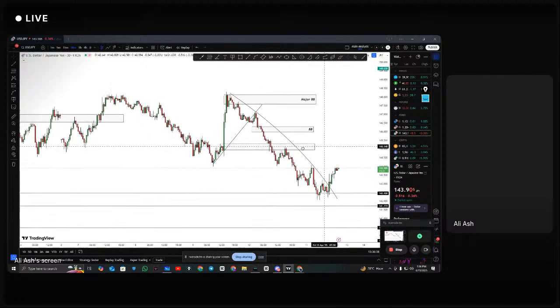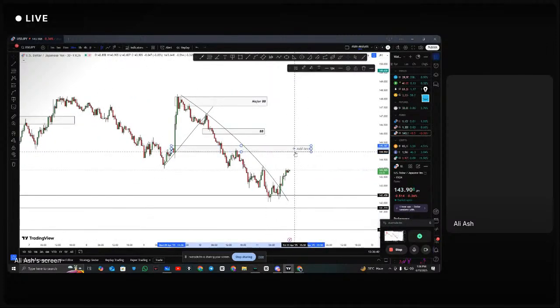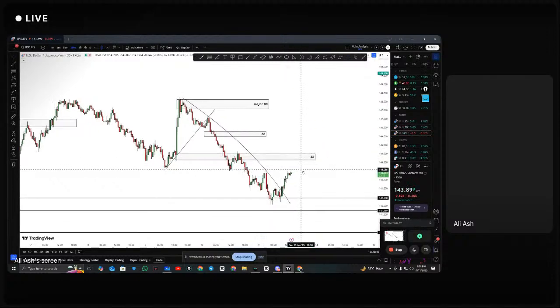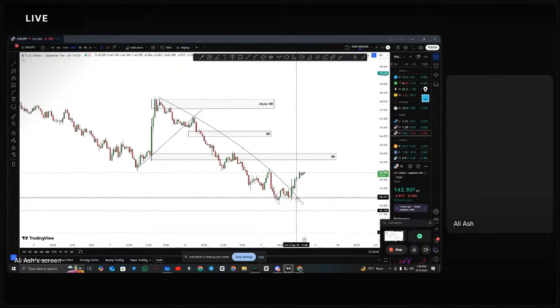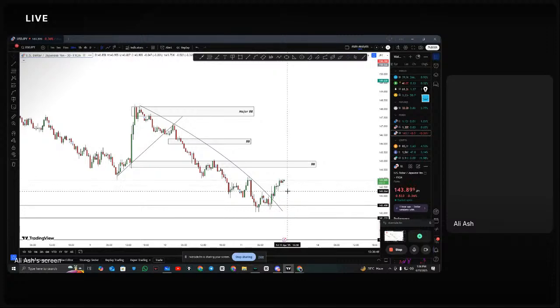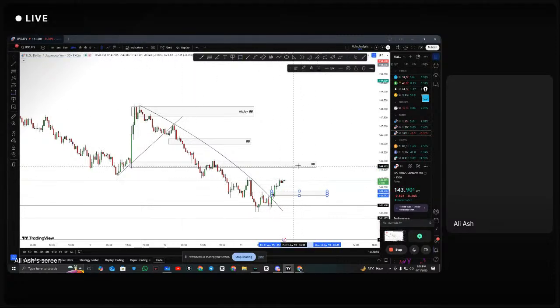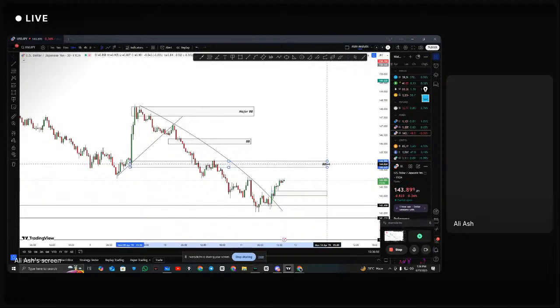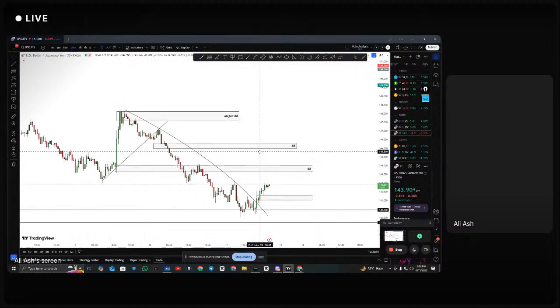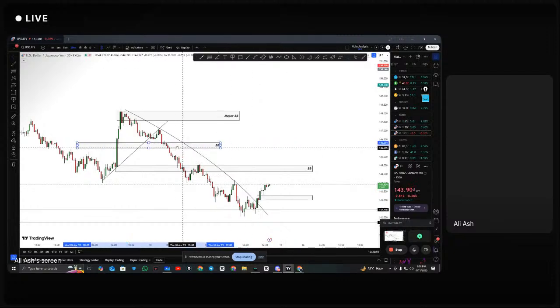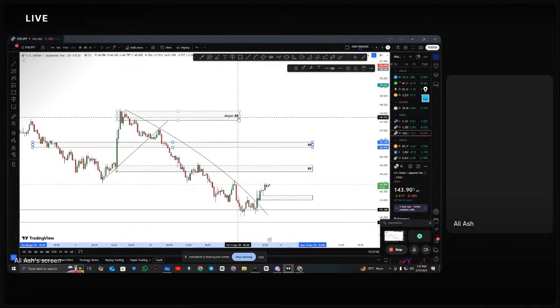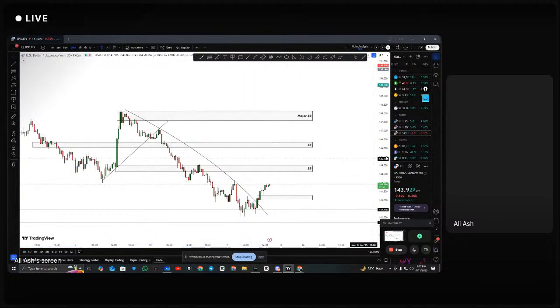So the next breaker block will be this. So this will be my TP. And we also had the double bottom. So we will have a mild retest from here, and then we are good to break this breaker block, and then this one, this one up right here, and this is the major breaker block.